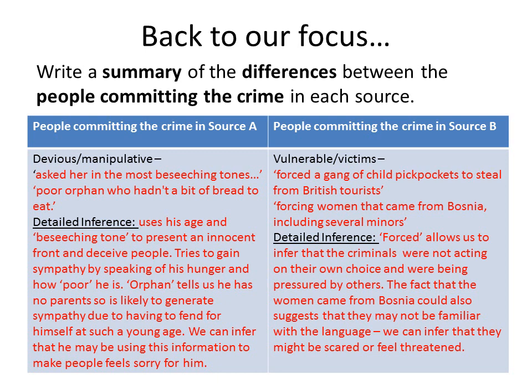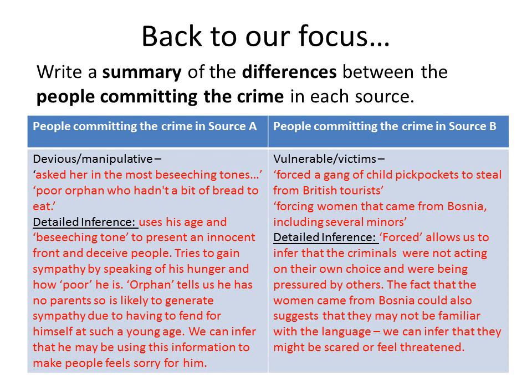So what am I going to say about these quotes? What else can I say about this quote? How else can I infer meaning? So, the word forced allows us to infer that the criminals were not acting on their own choice and they were actually being pressured by others.